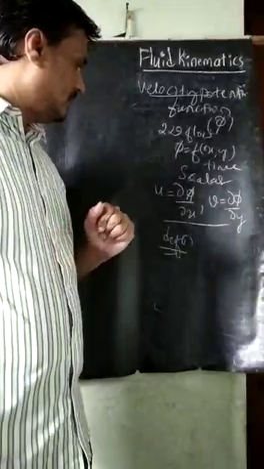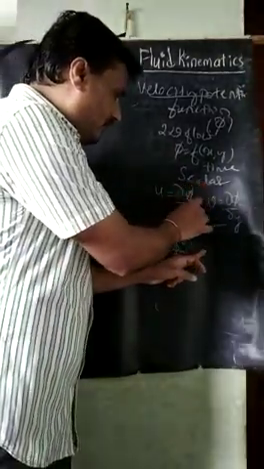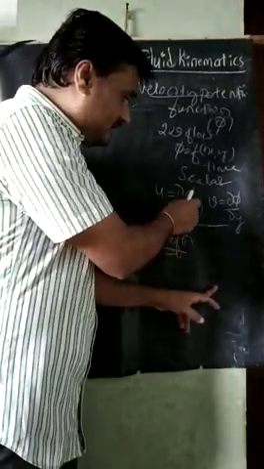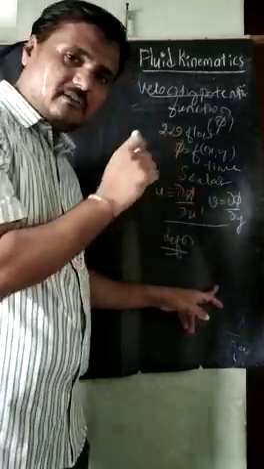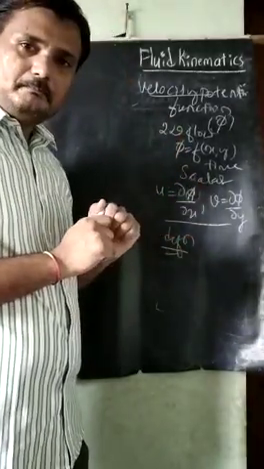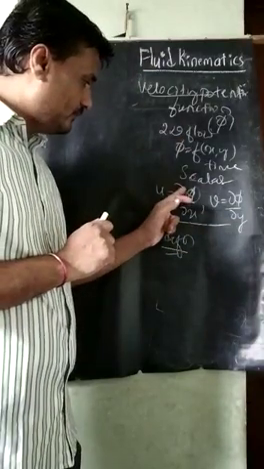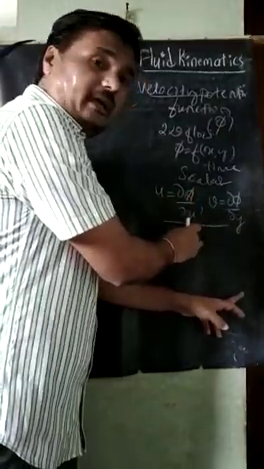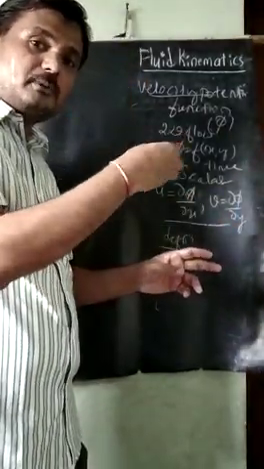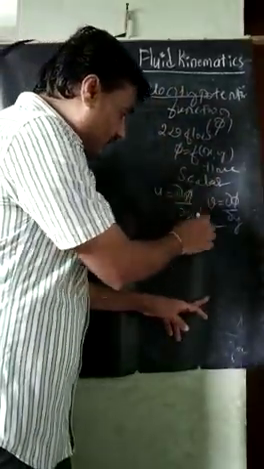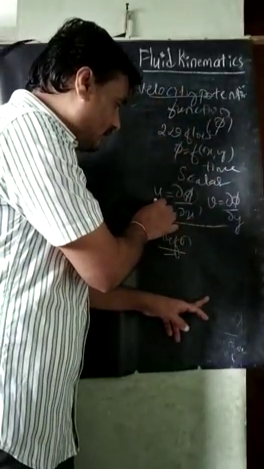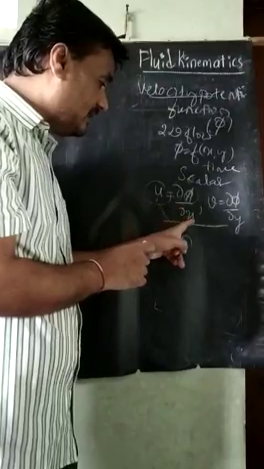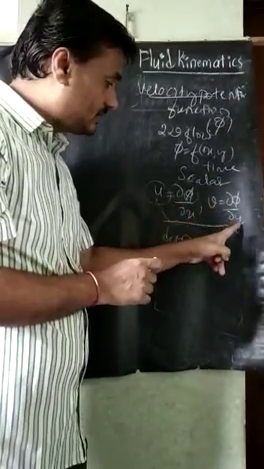See here. The velocity potential function is a scalar quantity, and differentiation of this with respect to any space coordinate, it may be x, y, z, will give the velocity in that direction. u is the velocity along the x direction, v is the velocity along the y direction.